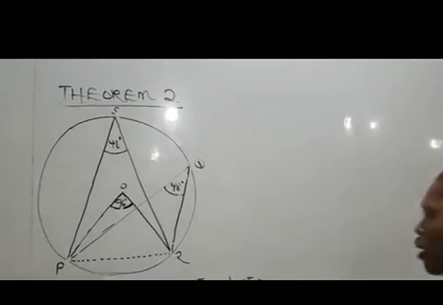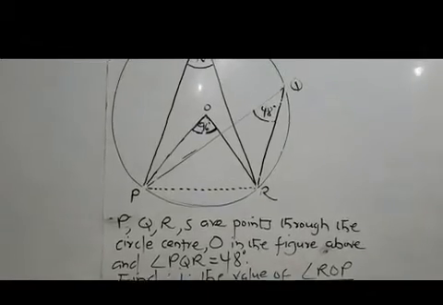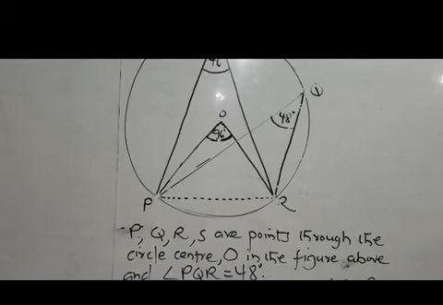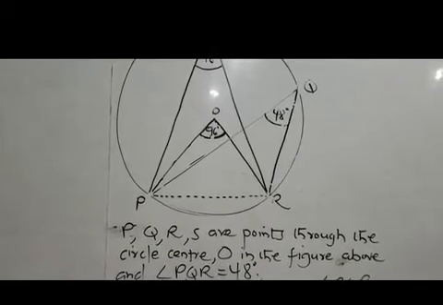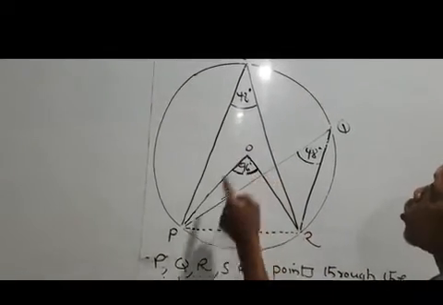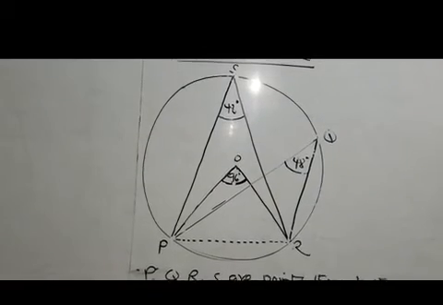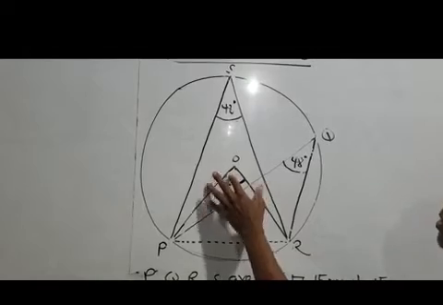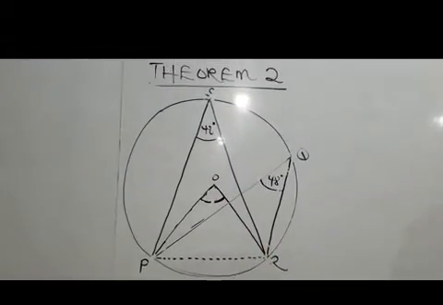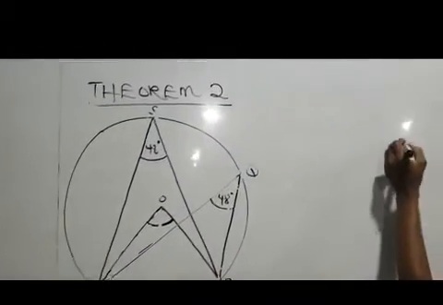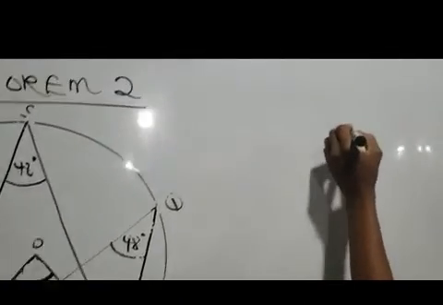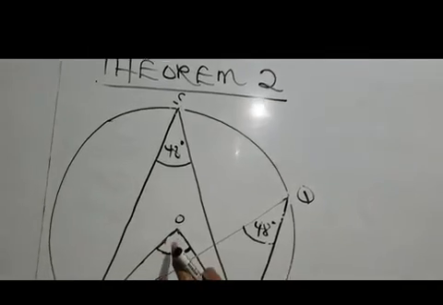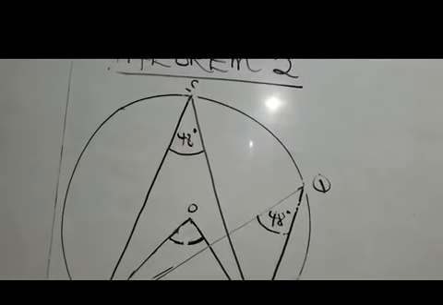Okay, so now let's look at the answer. We've already solved, but let's now look at how to present it for the examiner. So the value of angle ROP. Okay, so to get our ROP, first we went to look for the angle over here. We can also connect it directly, this and that. So let's use the connection between the angle at the center and the angle subtended at the circumference.